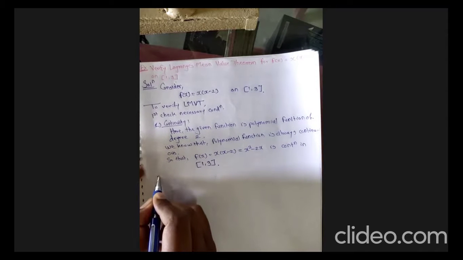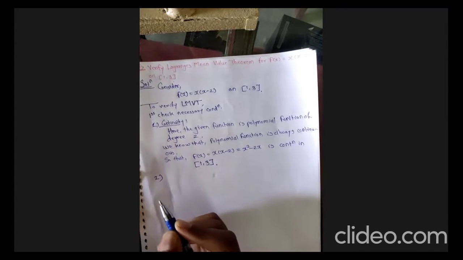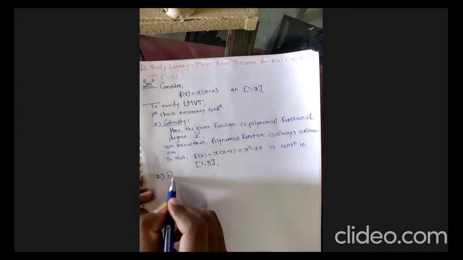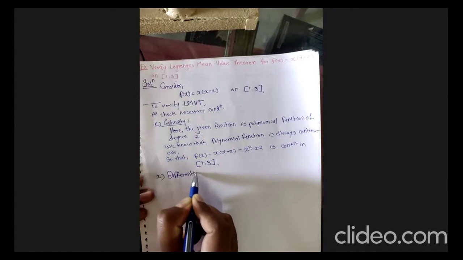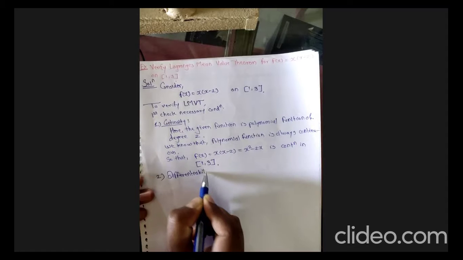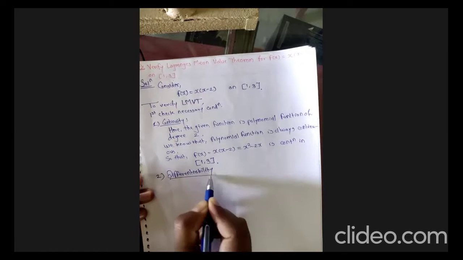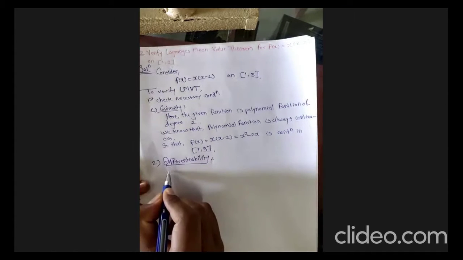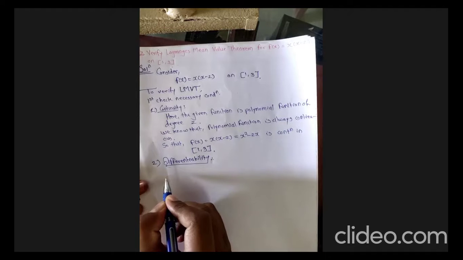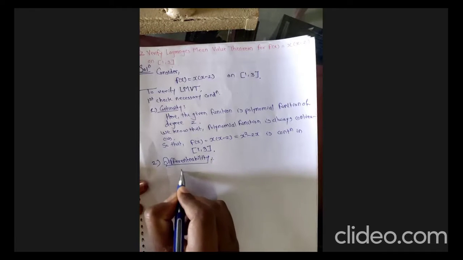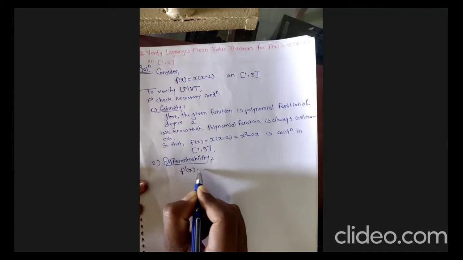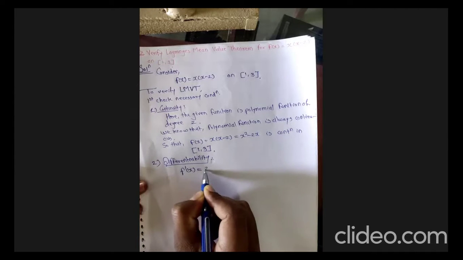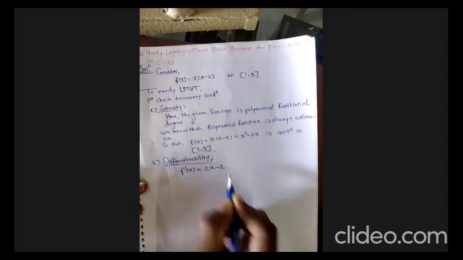Now the second necessary condition is differentiability. To check the differentiability of the function, first we find the derivative of the function. So the derivative is f dash of x equal to 2x minus 2.